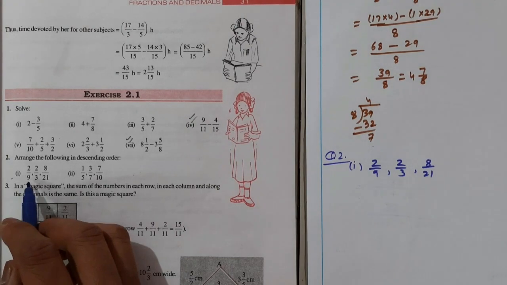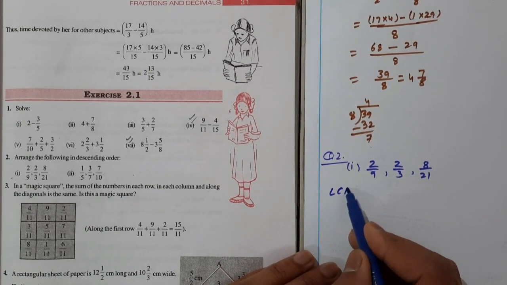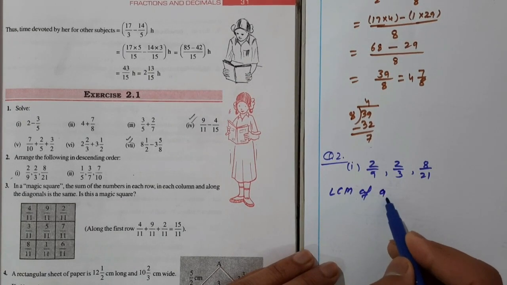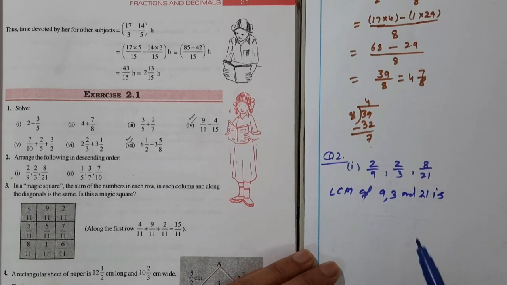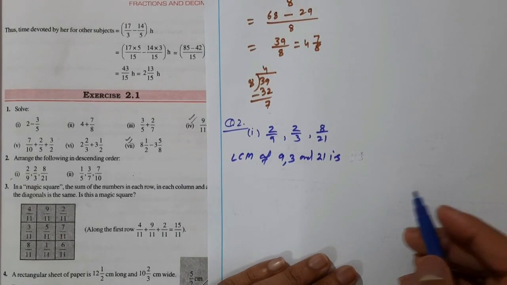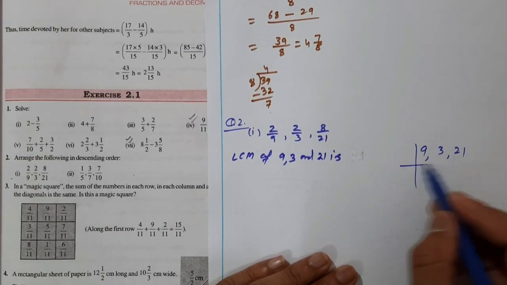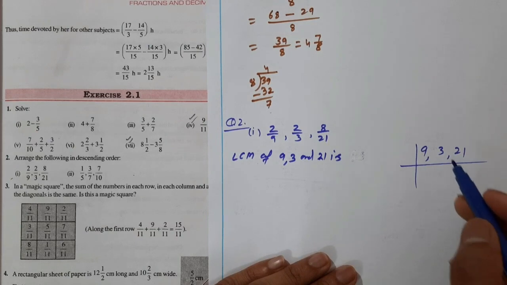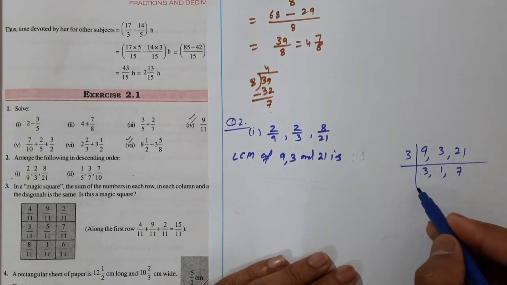So LCM of 9, 3 and 21. 9, 3 and 21 are divisible by 3. 3 times 1 and 7.